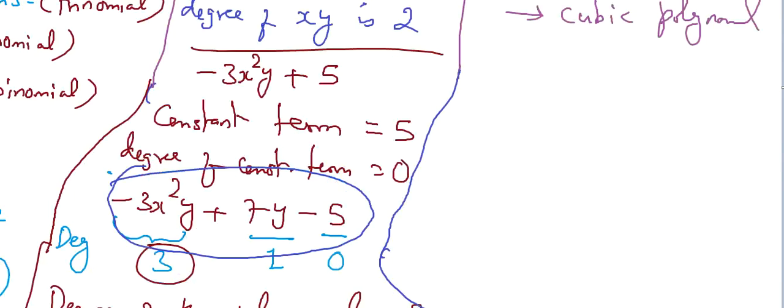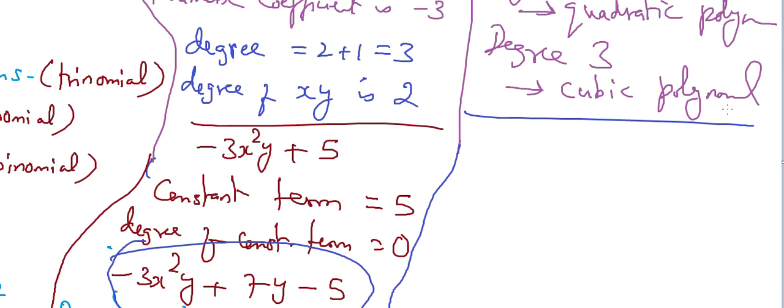Okay, just to summarize, let's take a polynomial, say 3x square y minus 5xy plus x square minus 4.